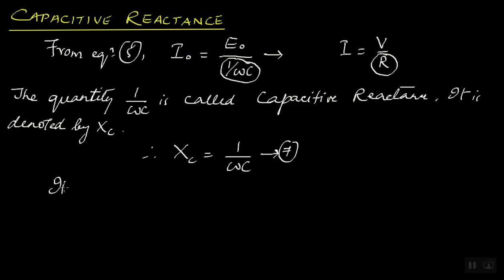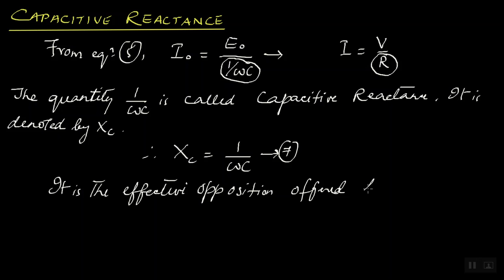All right, it is the effective opposition offered, or oppositive I wrote, opposition, T-I-O-N, offered by the inductor to the flow, my handwriting is getting bad, writing too fast, to the flow of AC in the circuit.